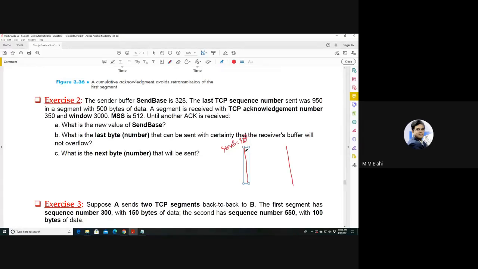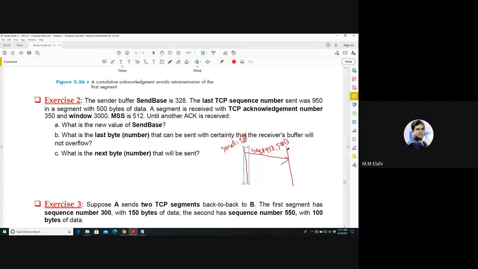Now the last TCP segment sent has sequence number 950, and in this segment the data sent is 500 bytes. Now it says a segment is received by the sender. So definitely it is the acknowledgement of a segment sent previously, which is not shown here.